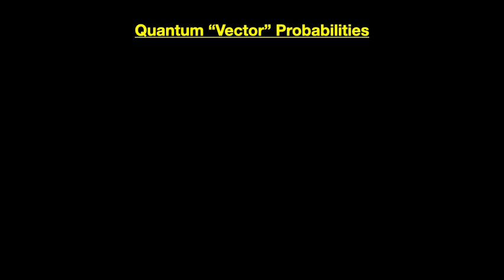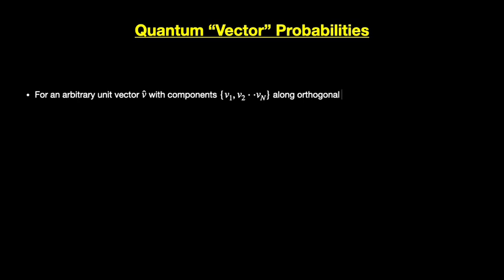This idea can be generalized to an arbitrary unit vector in, say, n-dimensional space. Suppose we have orthogonal basis vectors, which are generalizations of the coordinate systems that you just saw, x, y, z, expanded all the way to n dimensions. Let's refer to these basis vectors as b1 hat, b2 hat, all the way to bn hat, and the components of this unit vector v hat along each of these directions as v subscript 1, v subscript 2, all the way to v subscript n.